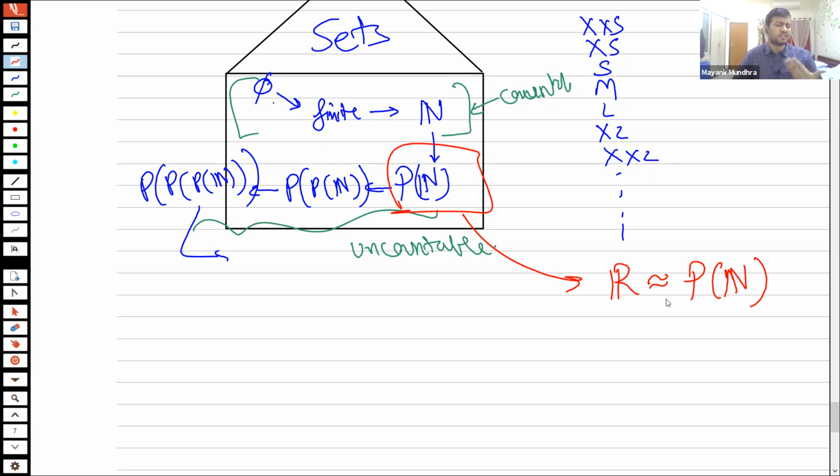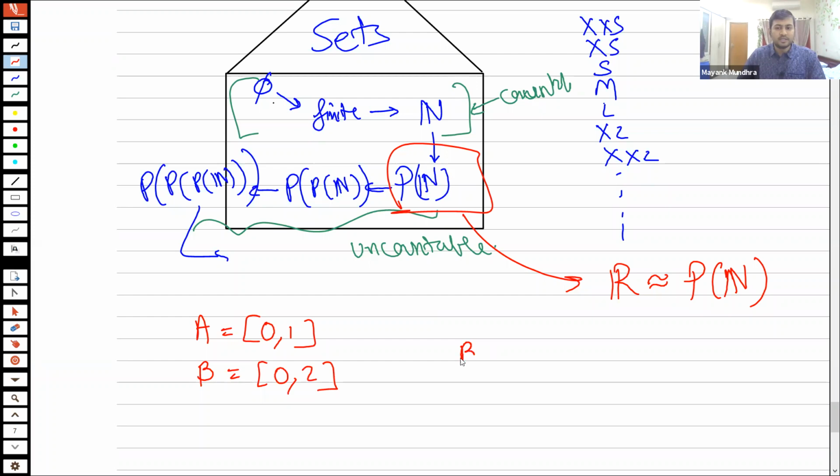Now, this proof is generally not required at our level. But I will ask you one last thing for cardinality. Consider the set A, which is [0, 1], and the set B, which is [0, 2].